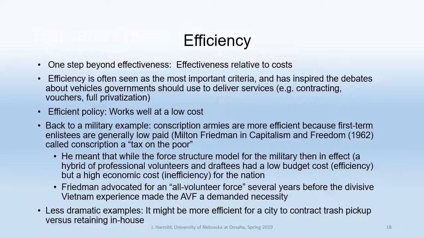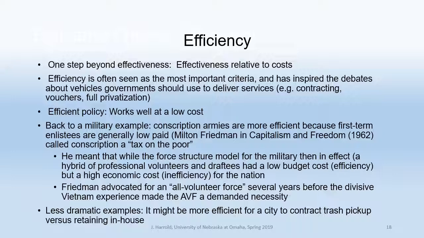He meant that the force structure model for the military that was in effect then was kind of a hybrid of professional volunteers and draftees. The way that worked was the United States conscripted people into the army, and people volunteered to join the other services.